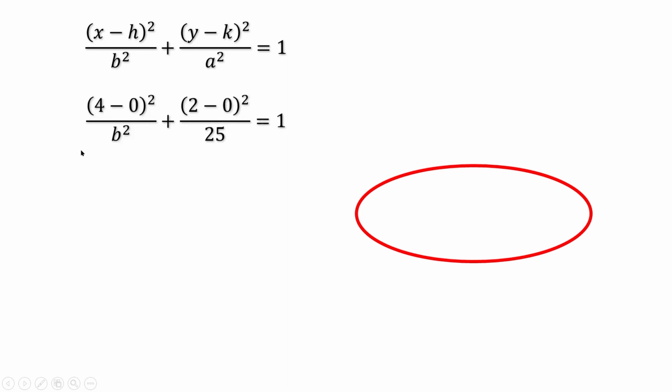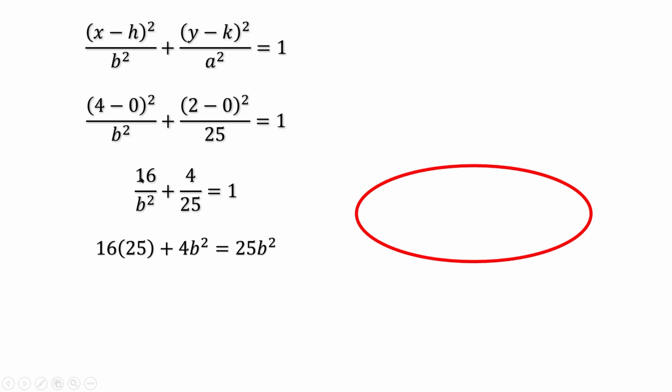So substituting the values, we have 4 minus 0 squared over b squared plus the square of 2 minus 0 over 25 equals 1. So we have 4 squared is 16 over b squared plus 2 squared is 4 over 25 is equal to 1.